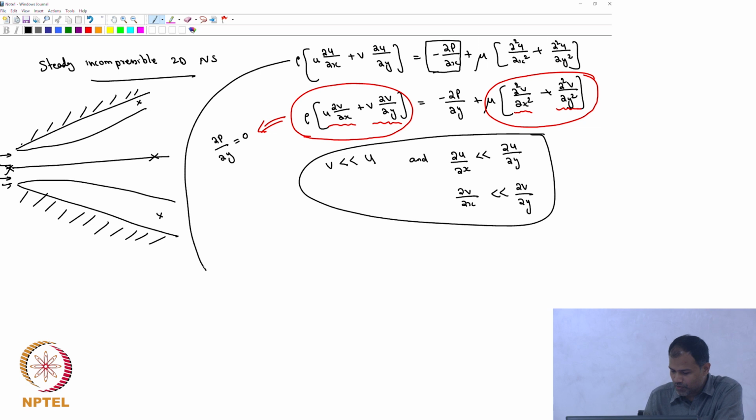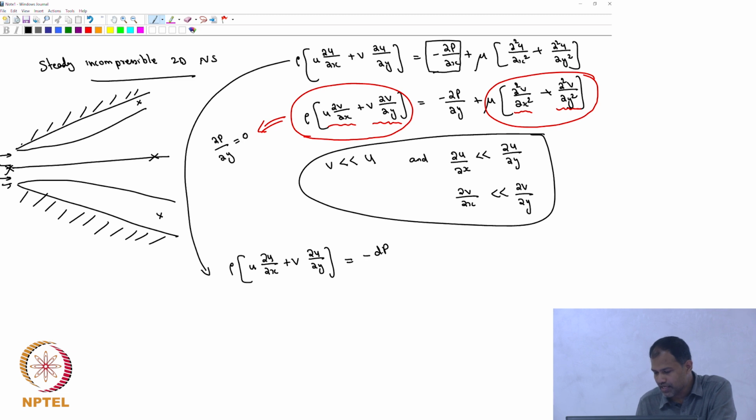My x momentum equation is going to be rho times u dou u by dou x plus v dou u by dou y is equal to minus dp by dx plus mu times dou square u by dou x square plus dou square u by dou y square.